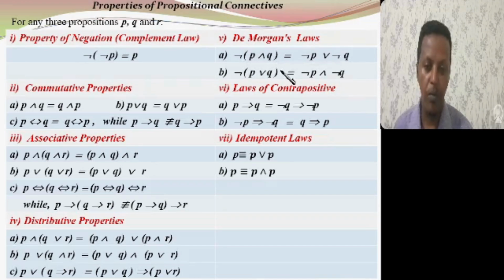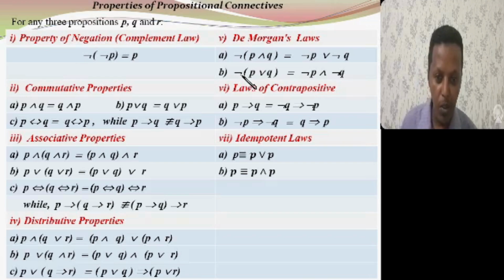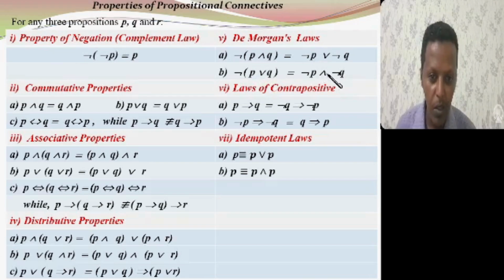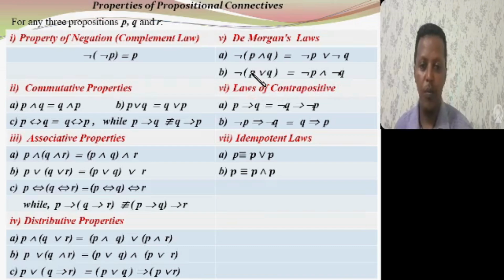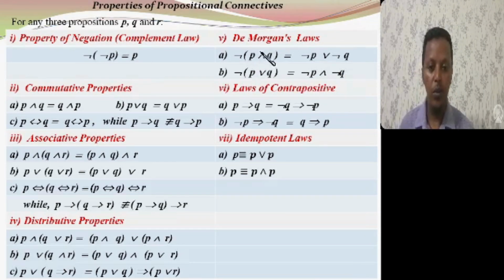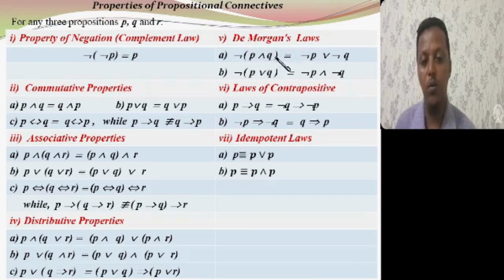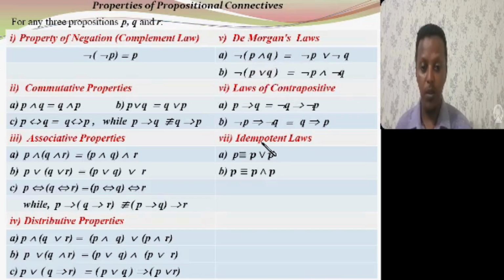And again, when we distribute negation, disjunction becomes what? Conjunction. Negation of (P or Q) is negation P and negation Q. This we call De Morgan's law. Just based on a truth table, you can show they have the same truth value for the 4 logical possibilities.